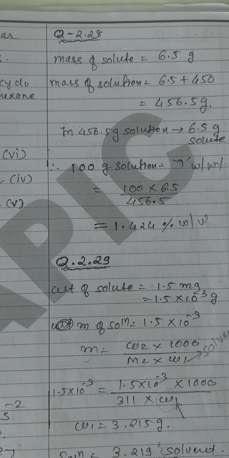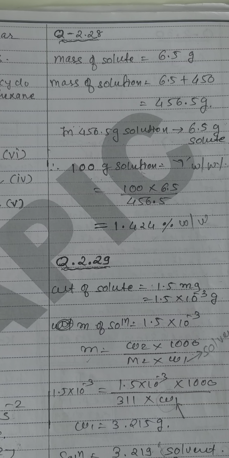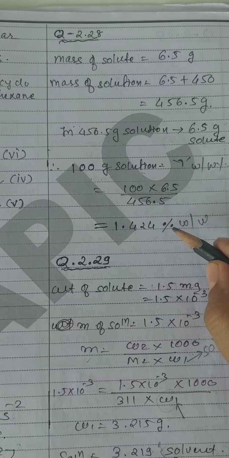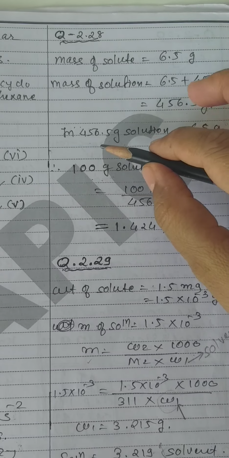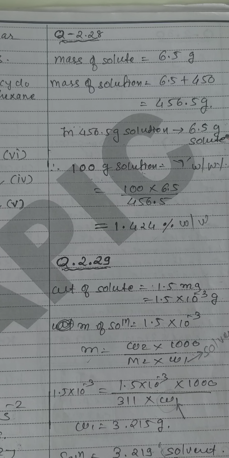Now we want to find the percentage. Calculate the mass percentage, that means it is W per W. When we are talking W per W, it is a percentage, so we have to find how much in 100 gram.